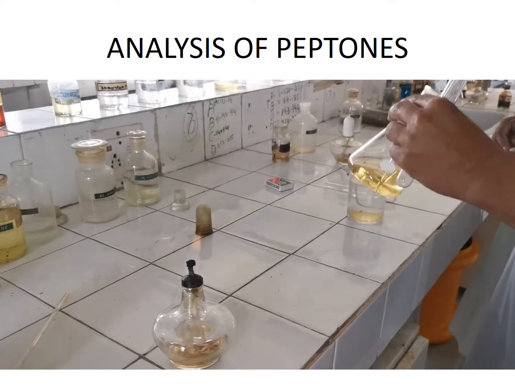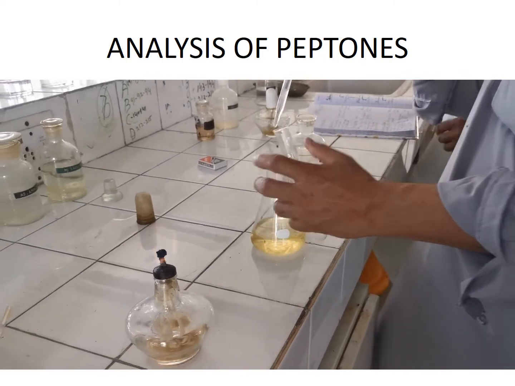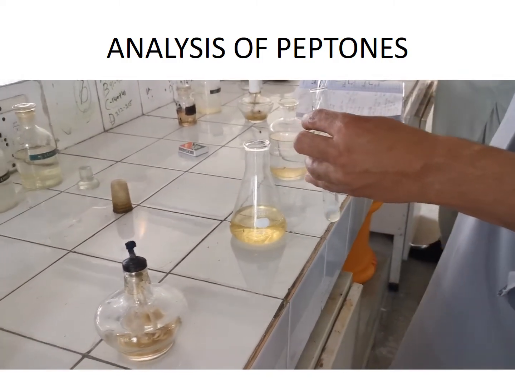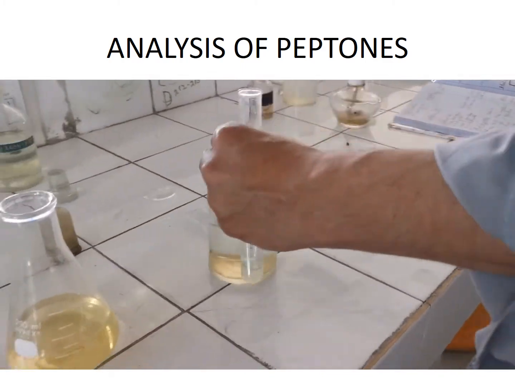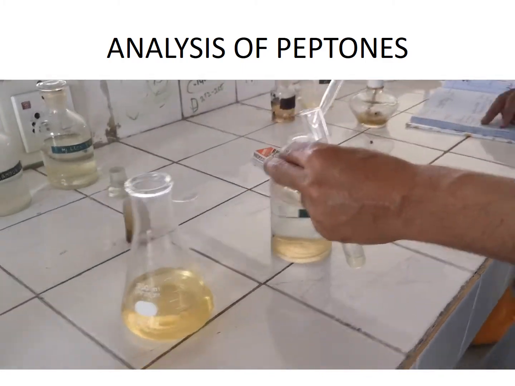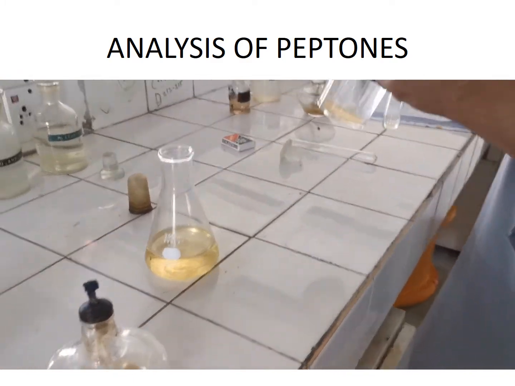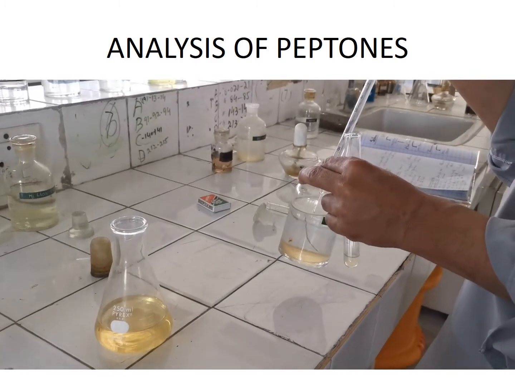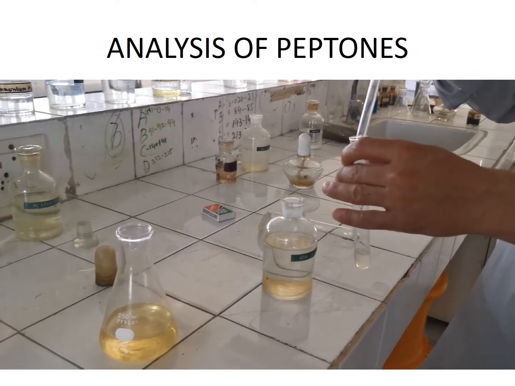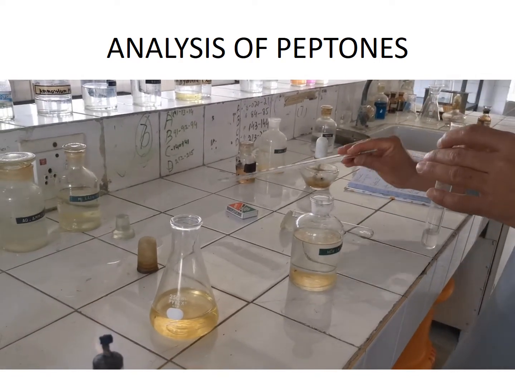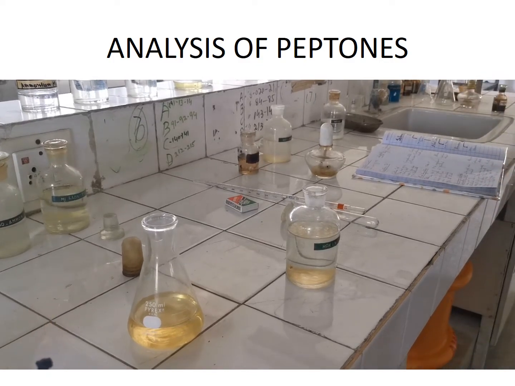Next is the Hopkins-Cole test, for which we are going to take 2 ml of original solution, 1 ml of Hopkins-Cole's reagent, then we are going to add 3 to 4 ml of concentrated sulfuric acid.